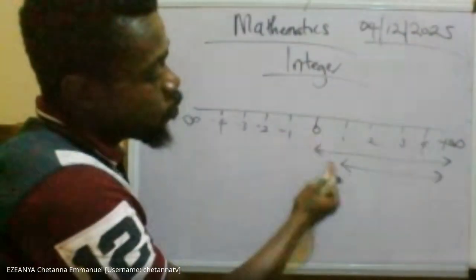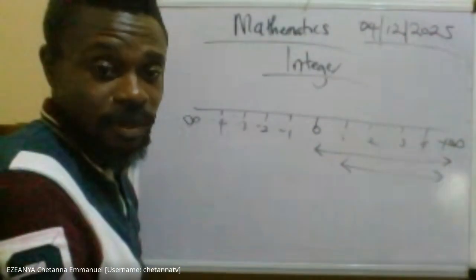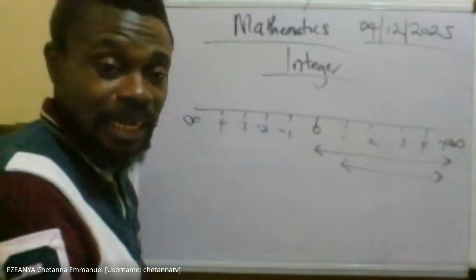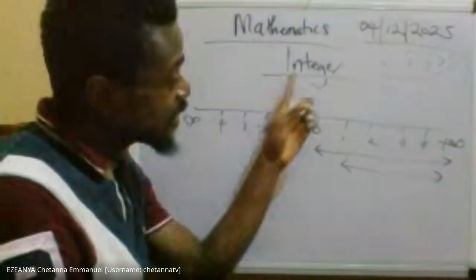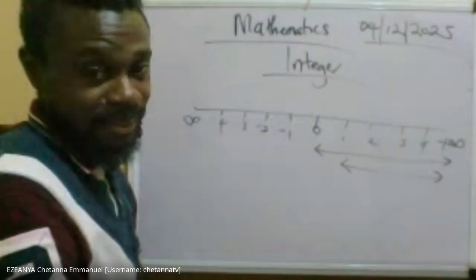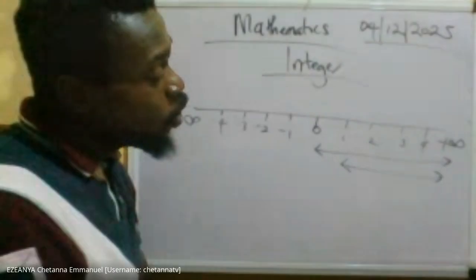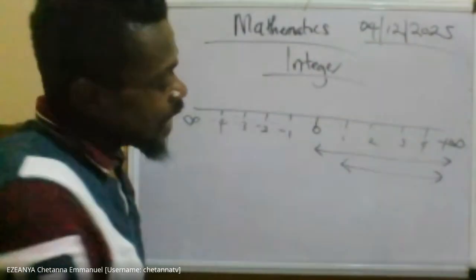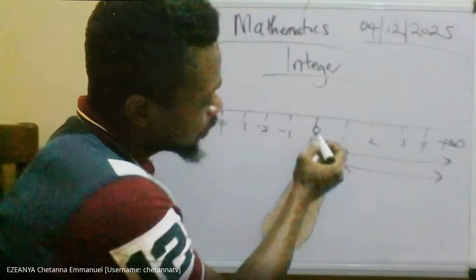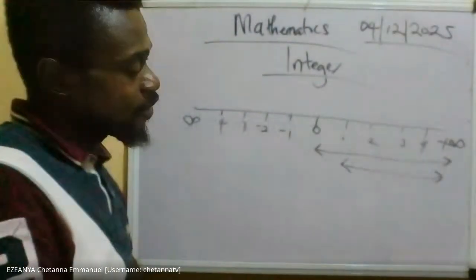From 1, they are the counting numbers we know. Why I mentioned it is because they are under integers. They are also integers. Then whole numbers start from here to positive infinity. So all this is an integer.